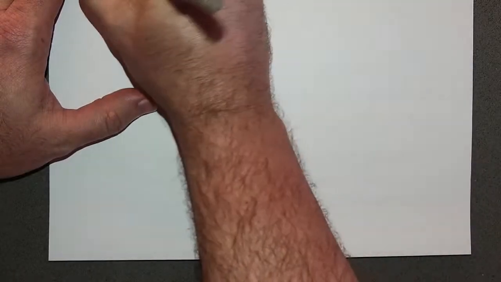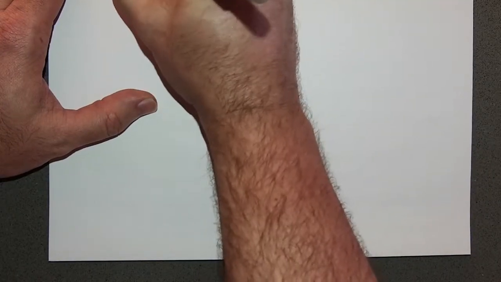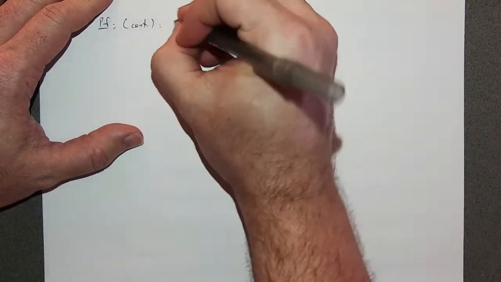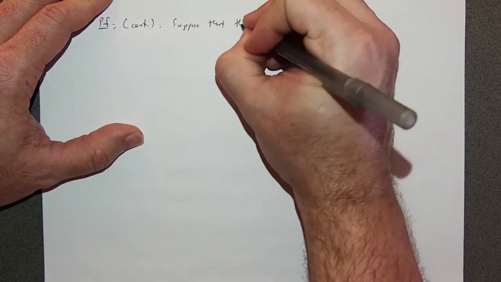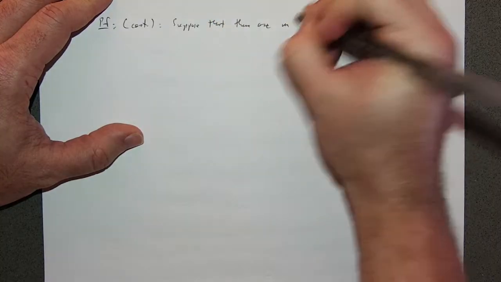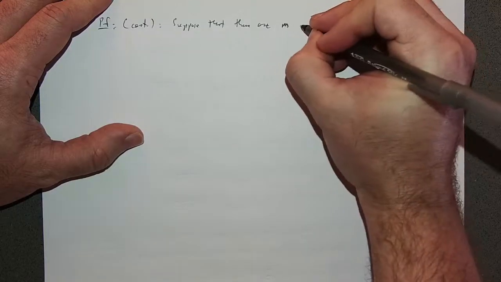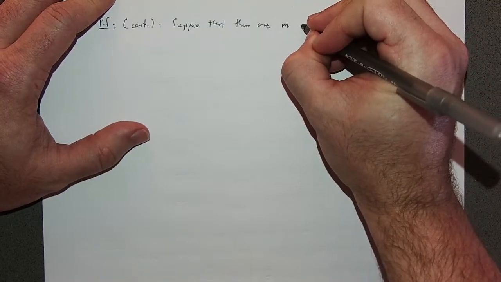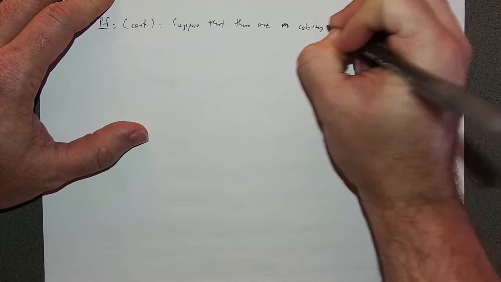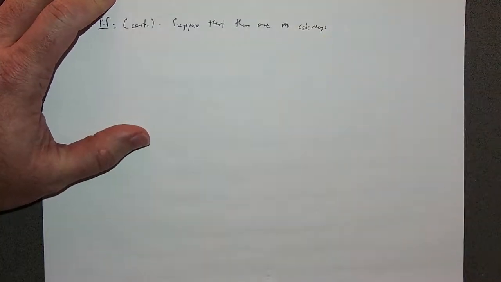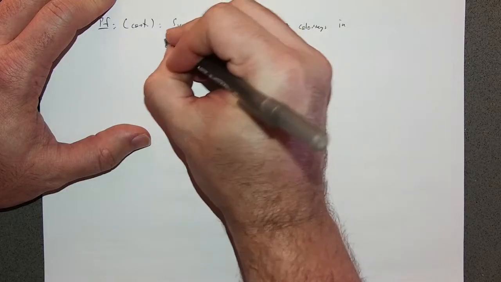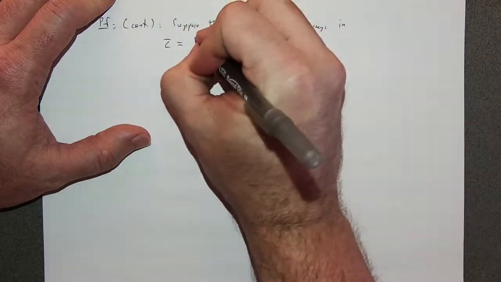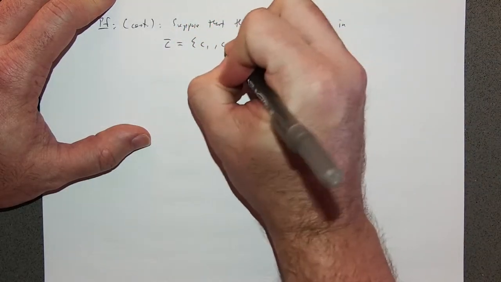So, proof continued. Suppose that there are m colorings in the equivalence class of C, which we'll label as C1, C2 out to Cm.